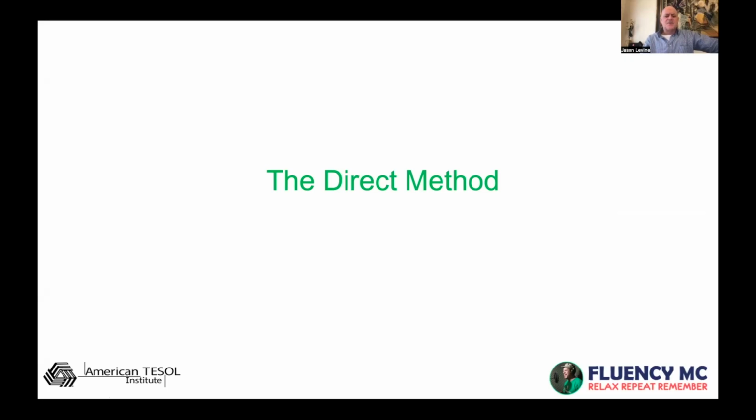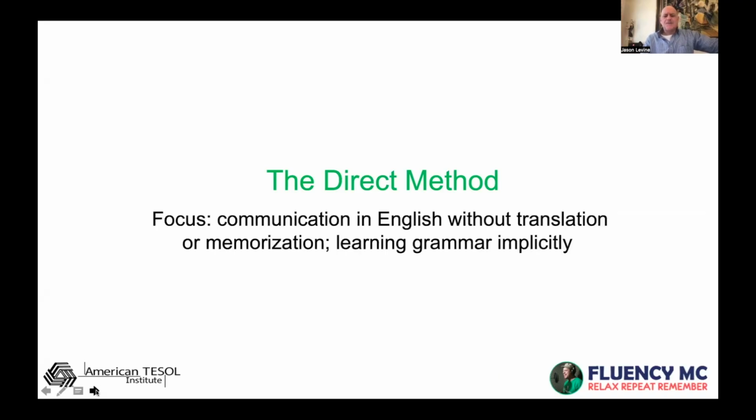People needed to be able to actually speak the language. I forget the name of the guy that started the direct method, but I think this influenced a lot of the early English language schools in different countries, like Berlitz, for example. But I don't want to talk too much about it because I don't know that much about it.